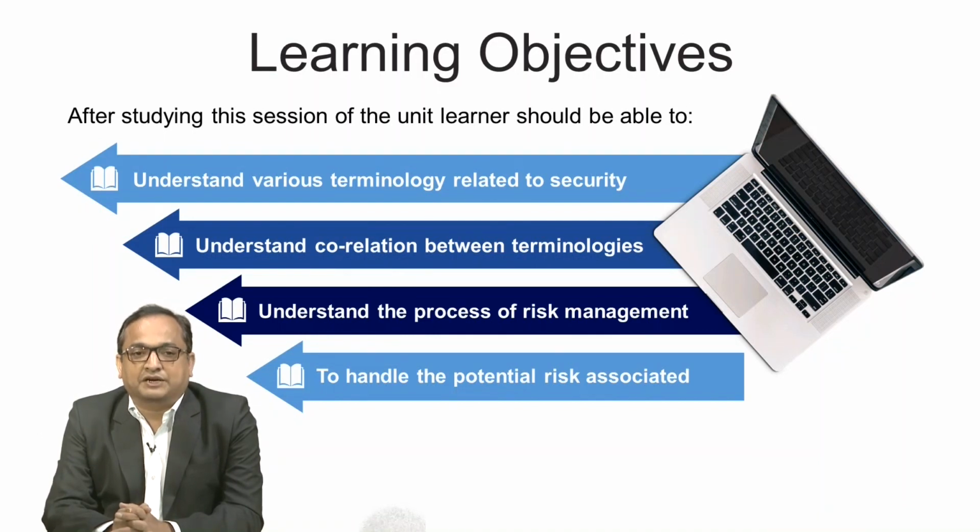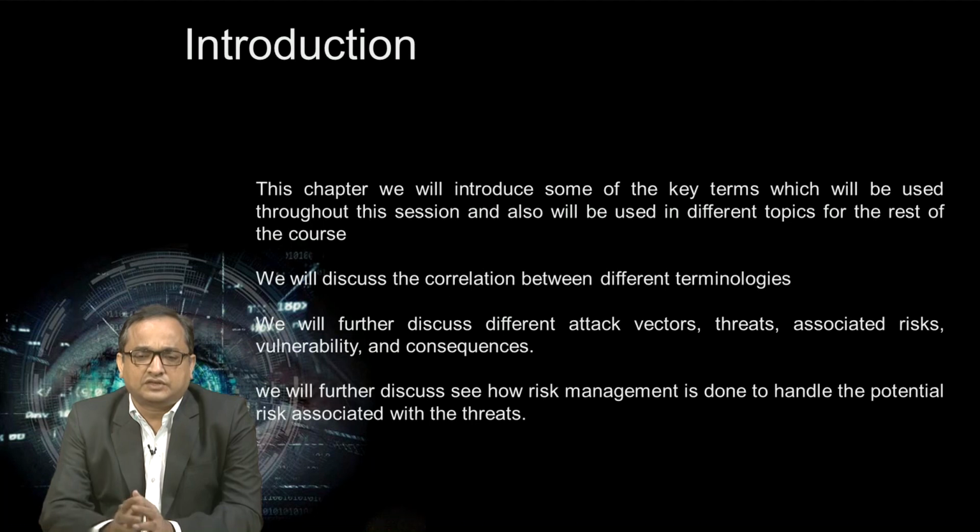Friends, after completing this session, you will be able to understand various terminology related to security, understand correlation between terminologies, understand the process of risk management, and you will be able to handle the potential risk associated with it. So, let's begin with the introduction. So, this chapter will introduce some of the key terms which will be used throughout this session and also will be used in different topics for the rest of the course.